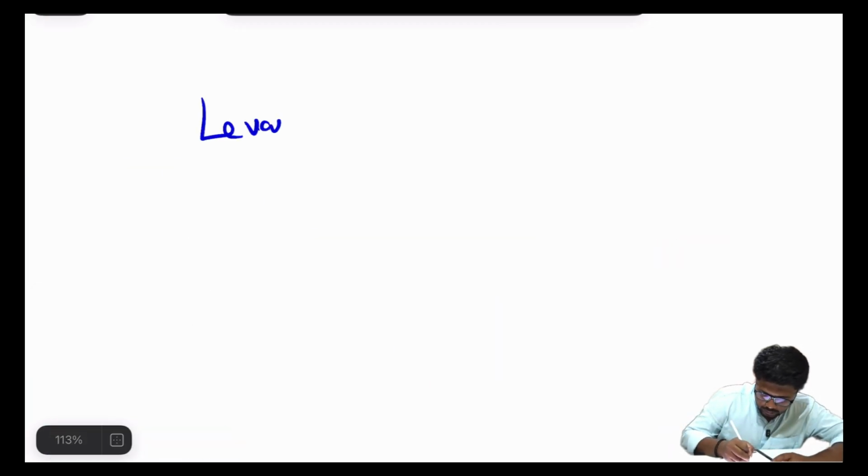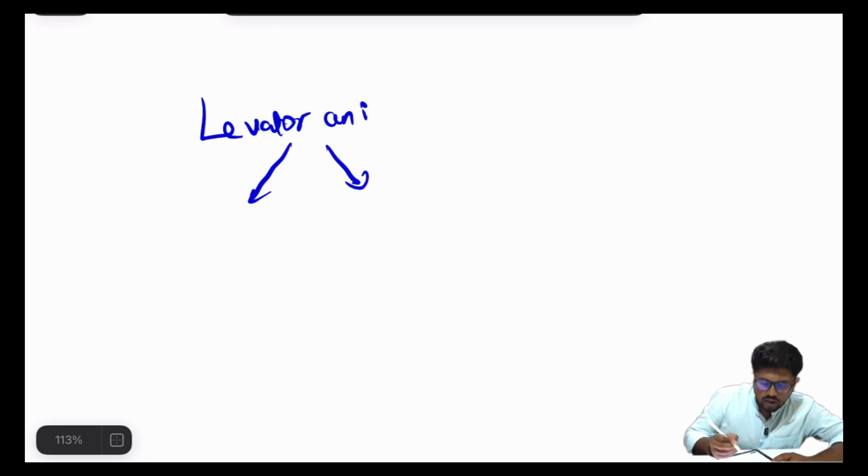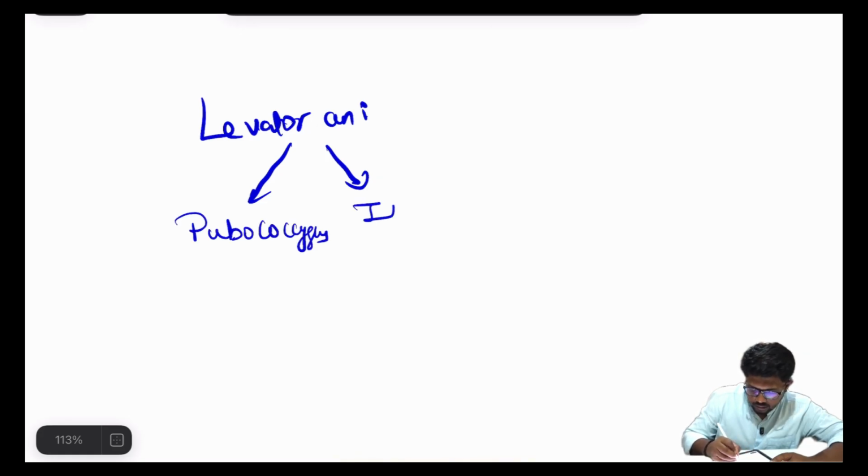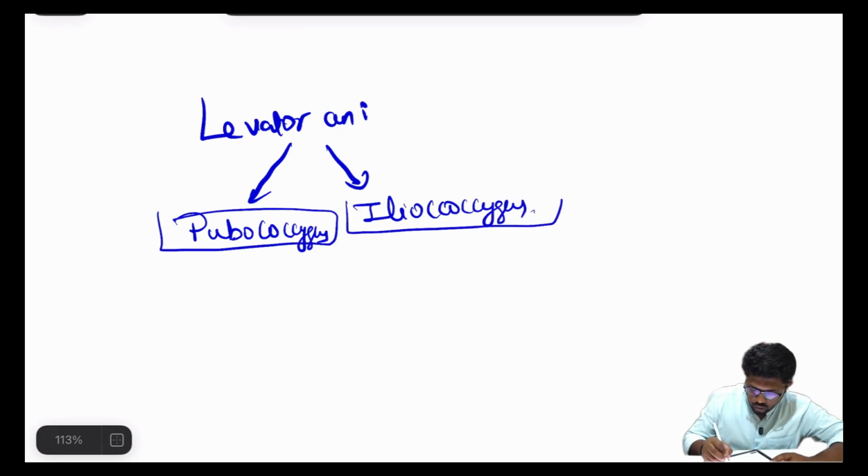This Levator Ani has two components: Pubococcygeus and Iliococcygeus.